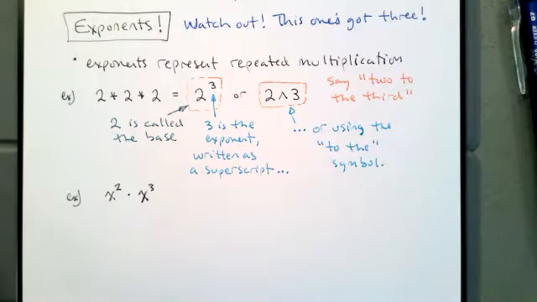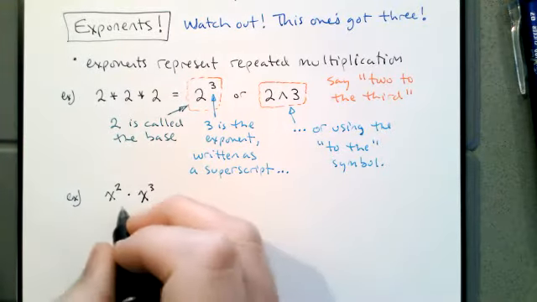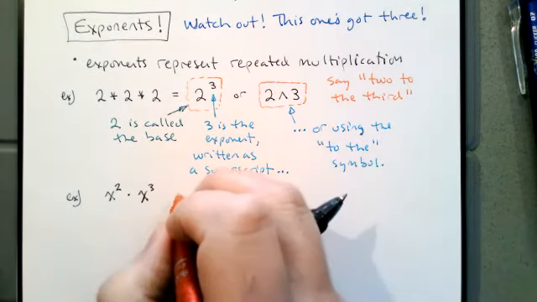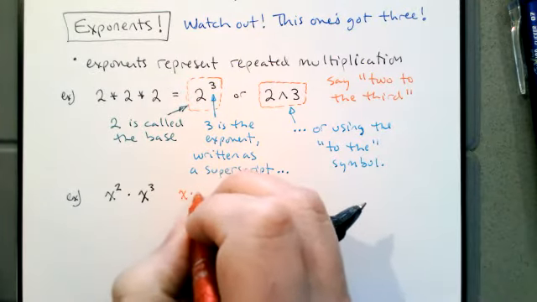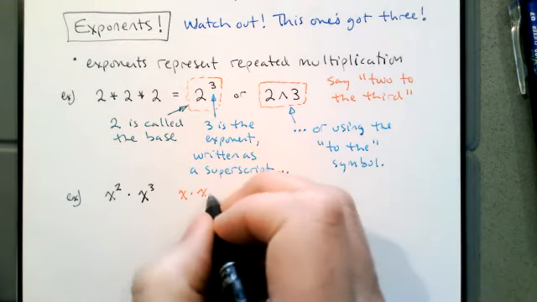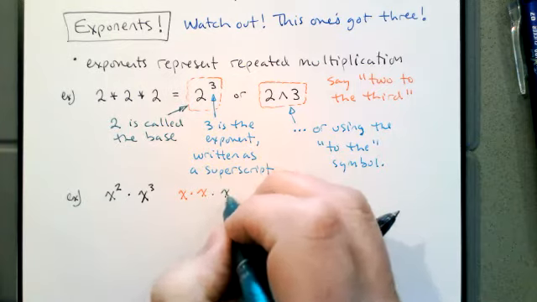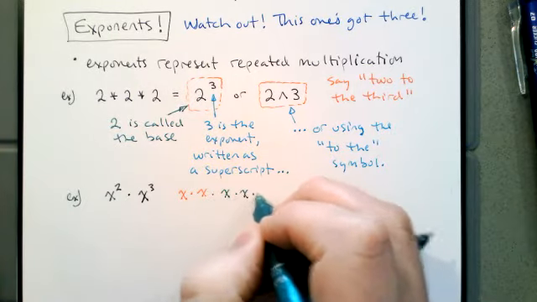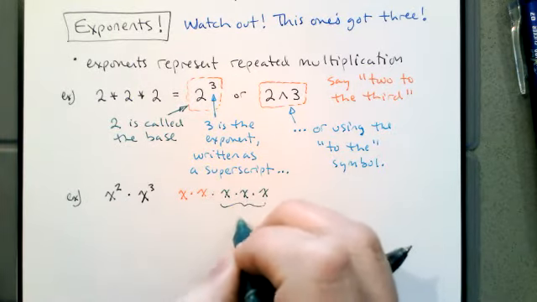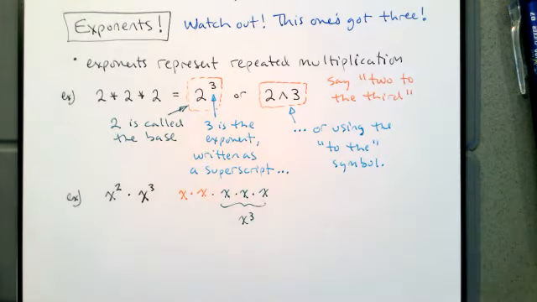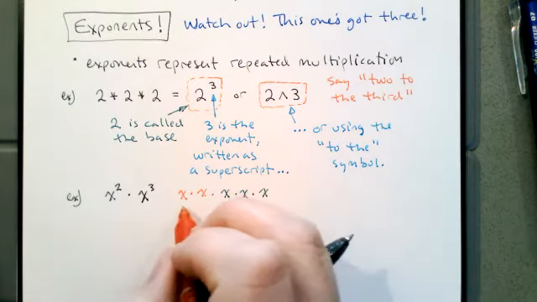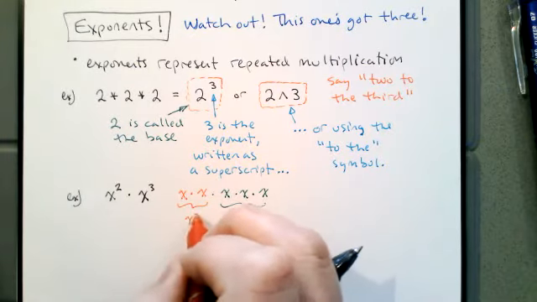We add the exponents. But there's a reason that it makes sense that we add the exponents. X squared means x times another x. X cubed means x times x times x. There's what x cubed means. And x times x is what x squared means.